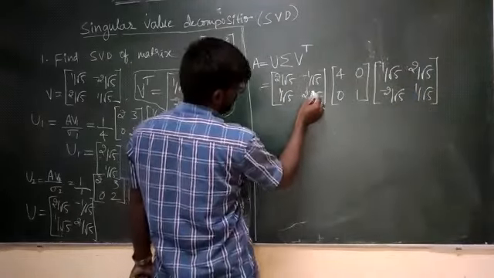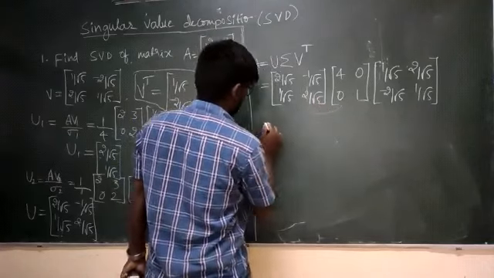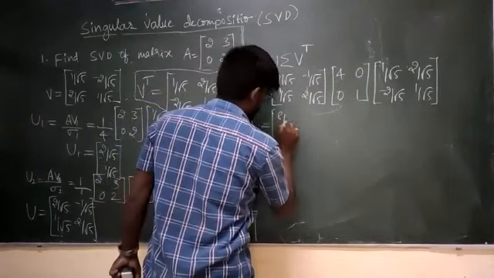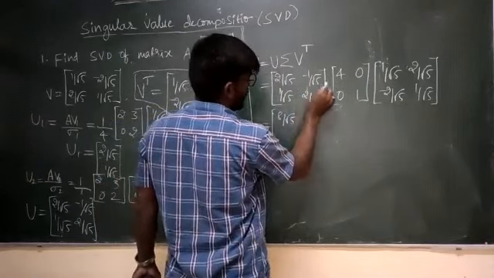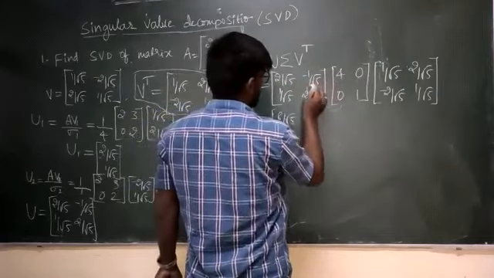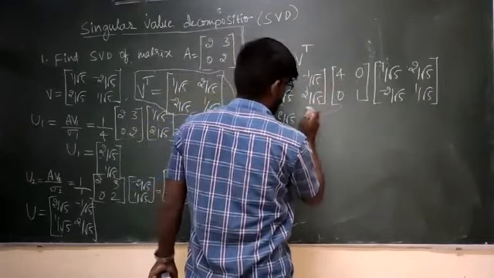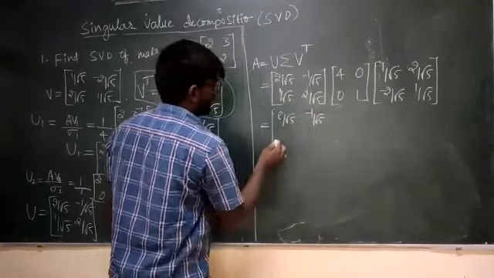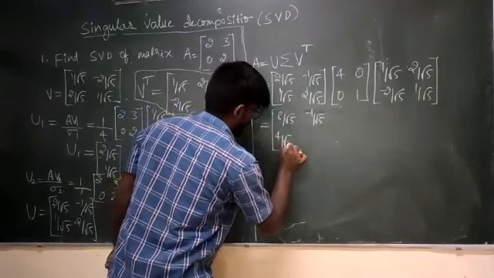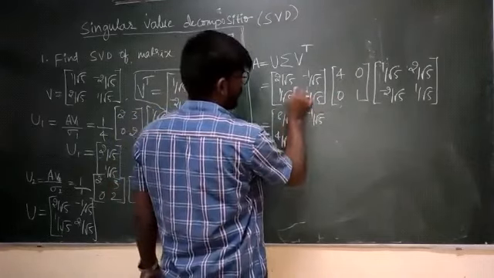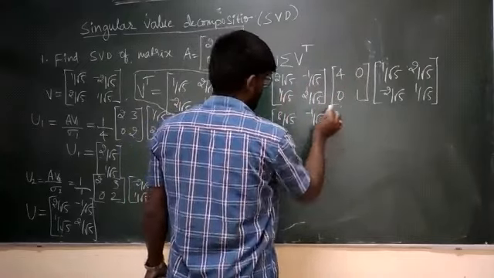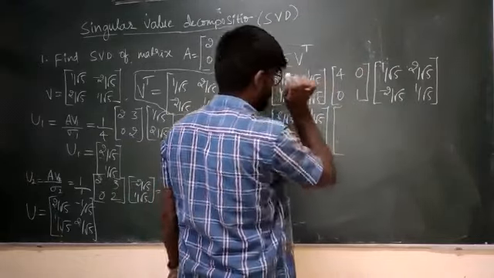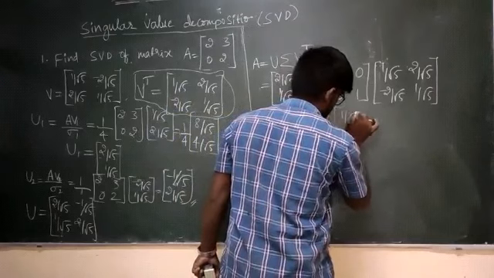Now we multiply the first two matrices. We get 2 into 4, 8 by root 5, and 1 into 0, 0. Then 2 into 0, 0, minus 1 into 1, minus 1 by root 5, and 1 into 4, 4 by root 5. Then 2 into 0, 0, 1 into 0, 0, 2 into 1, 2 by root 5. The next matrix is the same as it is.